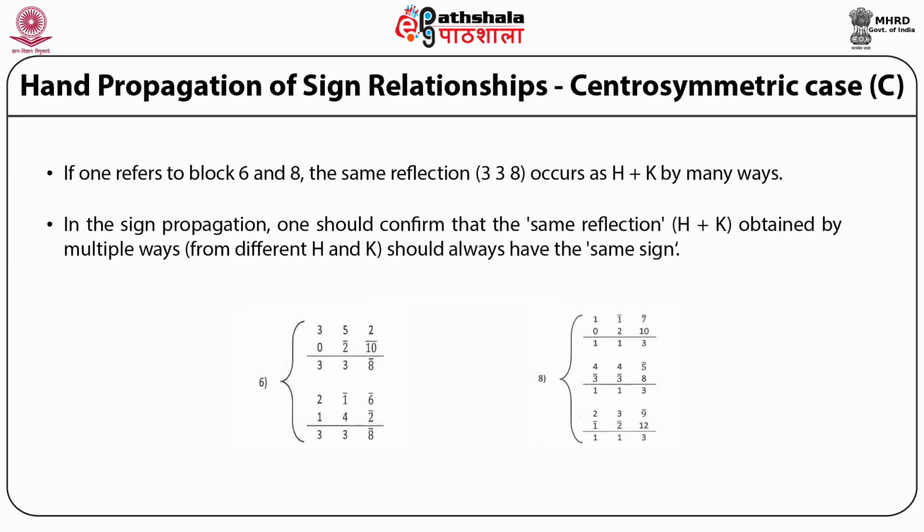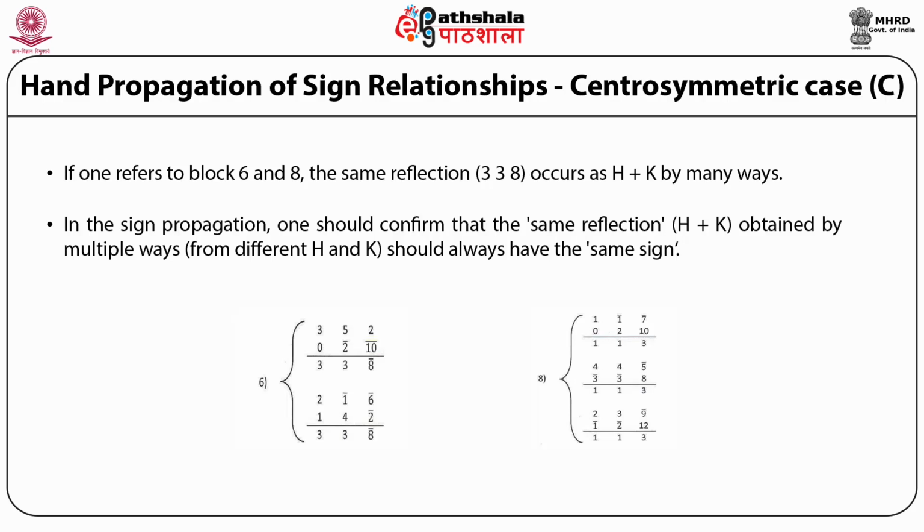Now consider two blocks, 6 and 8. So what do you see here now? In block 6 we have two such equations, you have to apply twice, no? In each case the daughter reflection is the same. 338 bar has been obtained from 35202 bar 10 bar as parents, and also 21 bar 6 bar and 142 bar as parent reflections.